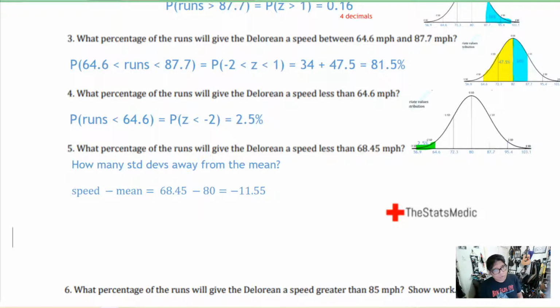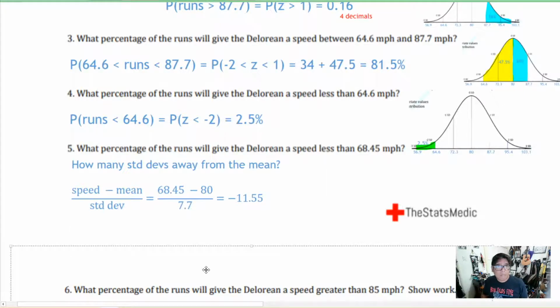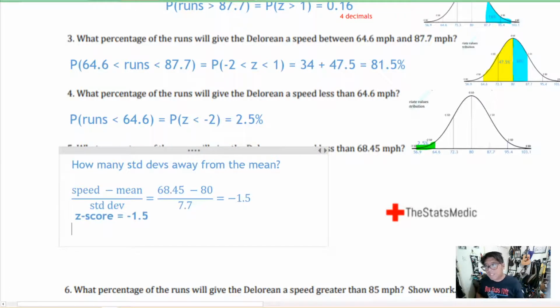And if I want to turn that into standard deviations, I just need to divide by the standard deviation speed. And what I get is negative 1.5. That negative 1.5 is what we call a Z-score. The Z-score just tells me how many standard deviations above or below the mean any particular speed is.